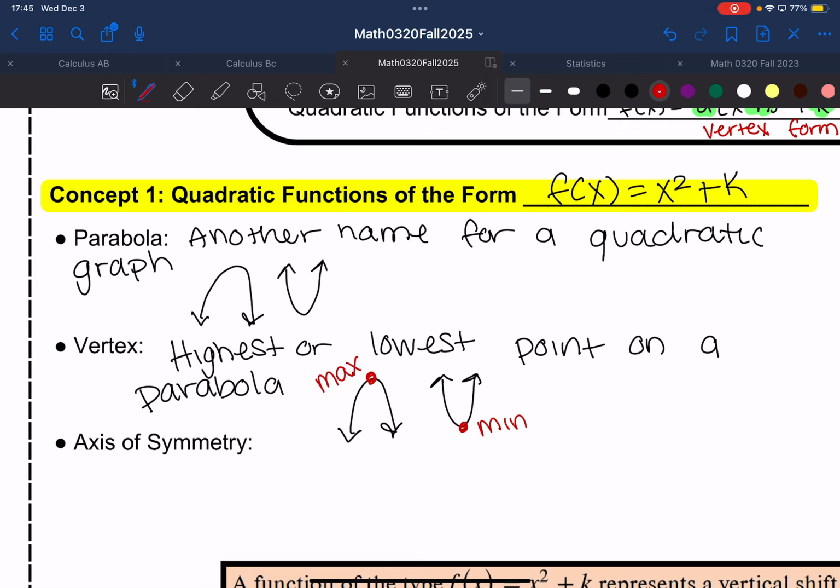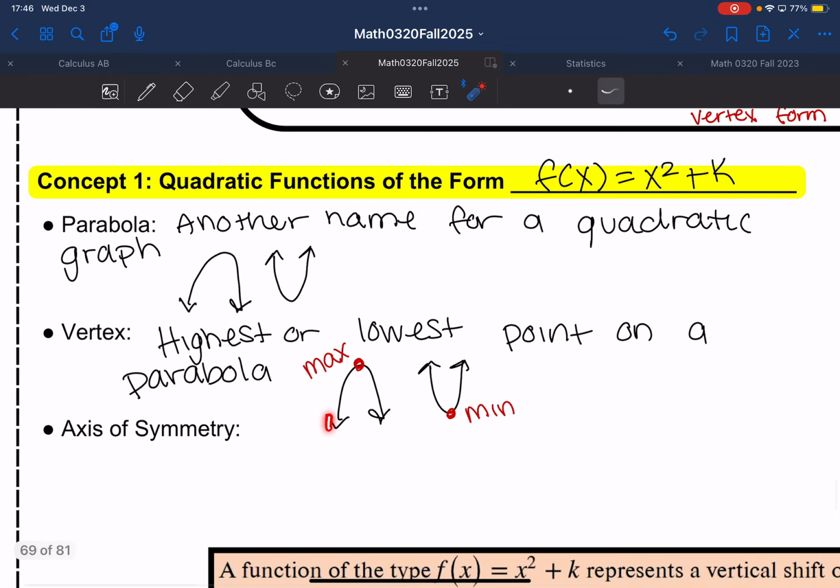In terms of just quadratics, we call that the vertex because that is the point where the parabola changes directions. For example, notice how this is starting to go up and then it turns and goes back down. This one is going down, it turns, then goes back up. Vertex is where it changes directions. We then give it a name, maximum or minimum, because later on when you start talking about higher order parabolas, there could be multiple maximums and multiple minimums.